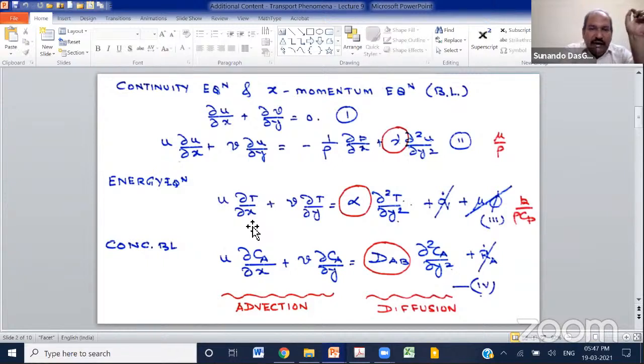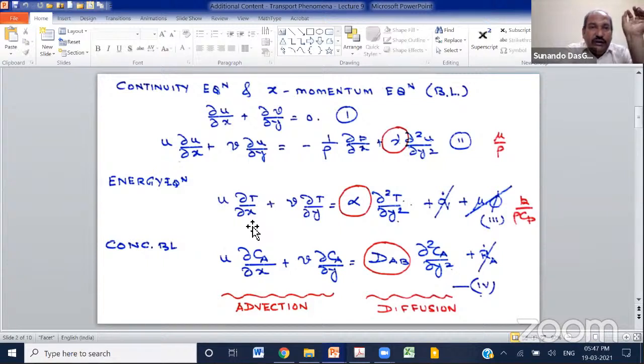So towards the end, we have come to the point where we could see that all these different processes can be explained by governing equations which would look similar, especially when they are expressed in dimensionless form.